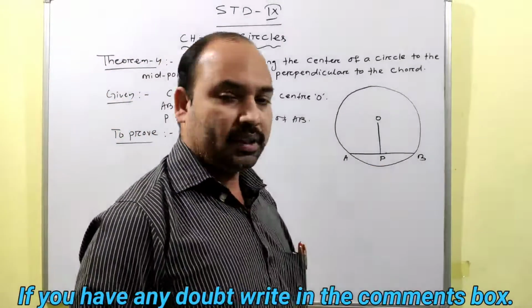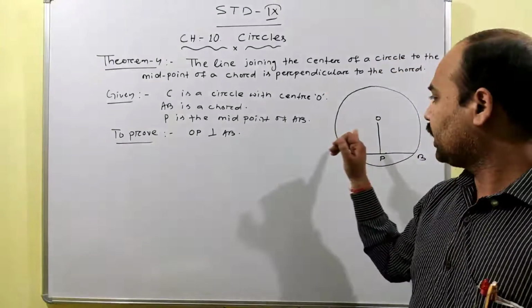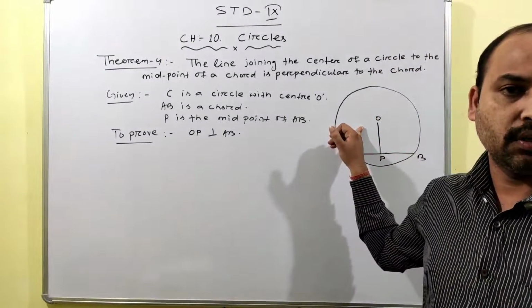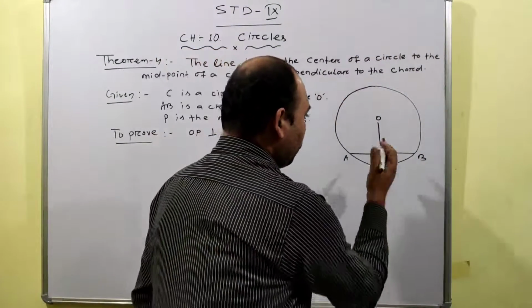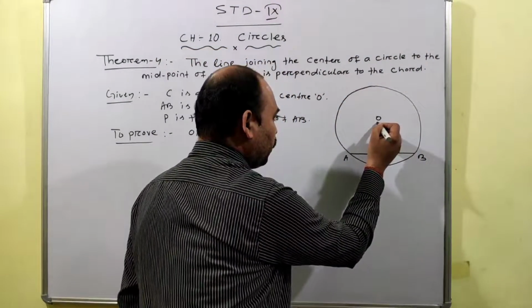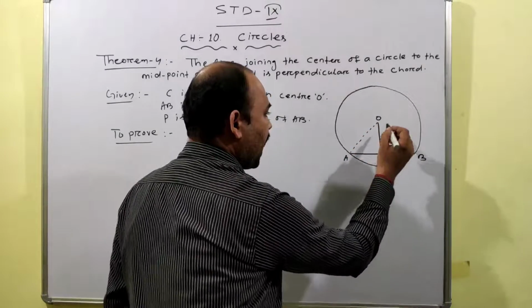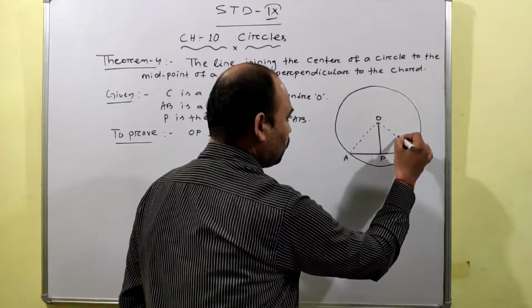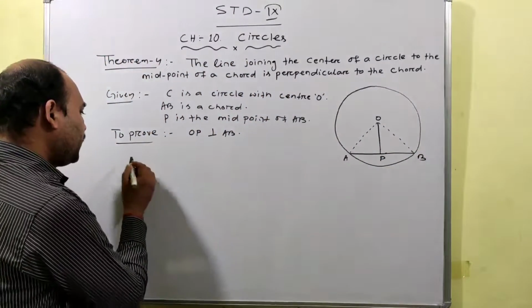For that, how to prove that OP is perpendicular to AB? For that, we need the construction. What construction will we do? We have to join the radii AO and BO. It is the construction. That we will write now.